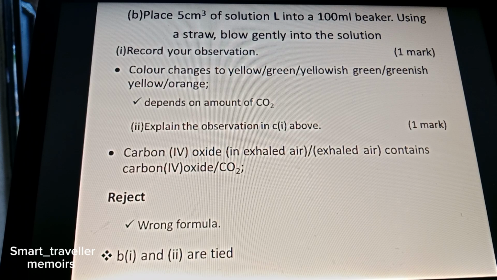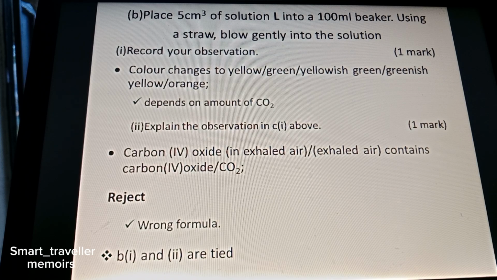B. Place 5 cubic centimeters of solution L into a 100 ml beaker. Using a straw, blow gently into the solution. Record your observation. And the examiners expected you to say this: color changes to yellow, or color changes to green, or color changes yellowish green, or color changes greenish yellow, or color changes orange.